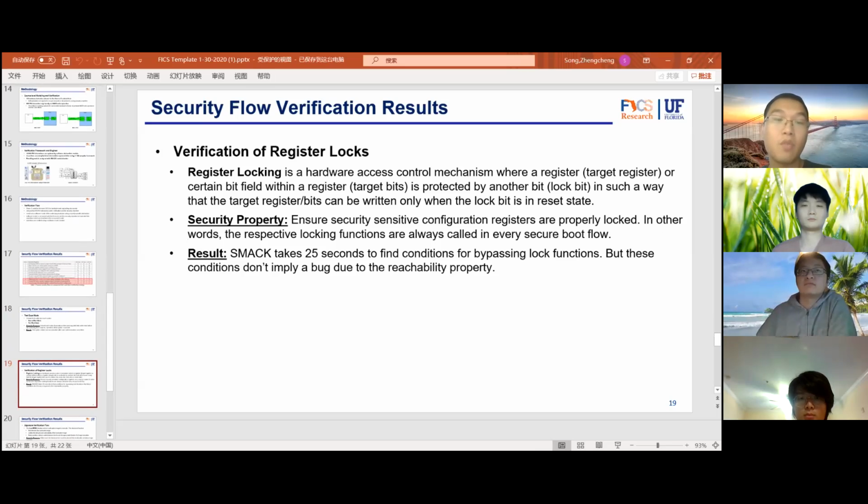So the security property of register locks is that we need to make sure sensitive configuration registers are properly locked, which means the respective locking functions are always called. The result exposes some bypassing of locking functions, but it's not considered a bug due to the reachability property.